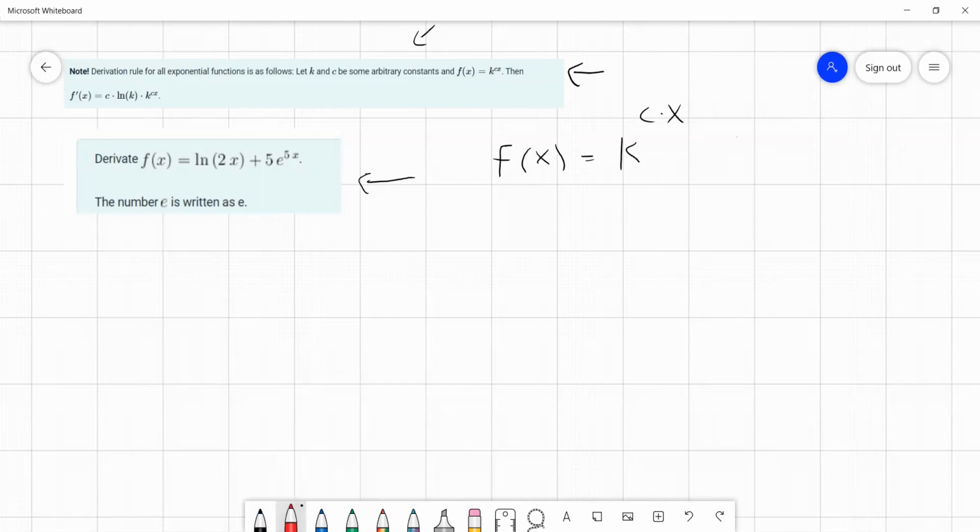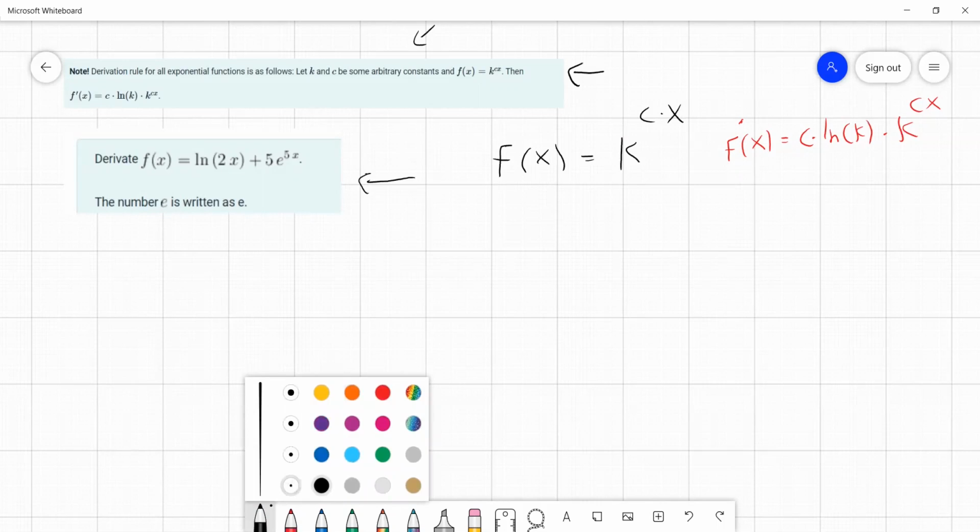It is saying that the first derivative of this function with respect to x equals c times ln k times k to the power of cx. Now, this derivative looks a lot more complicated than the original function. Let's see how this came about.